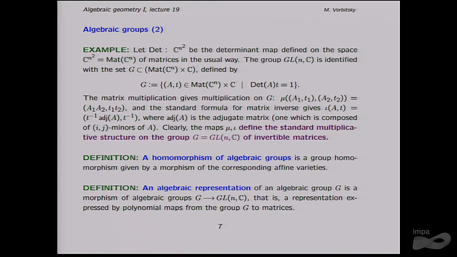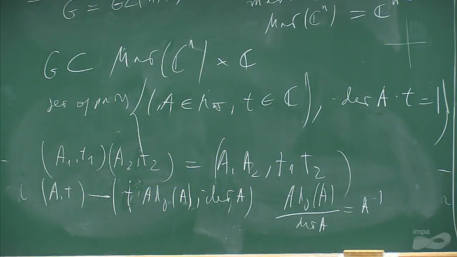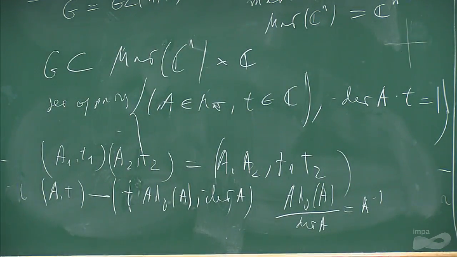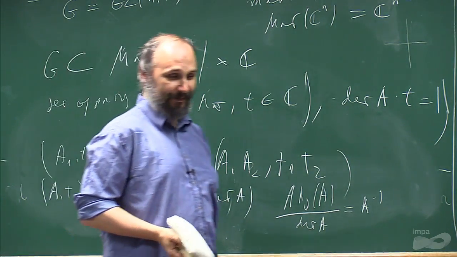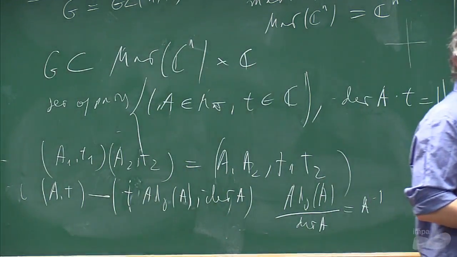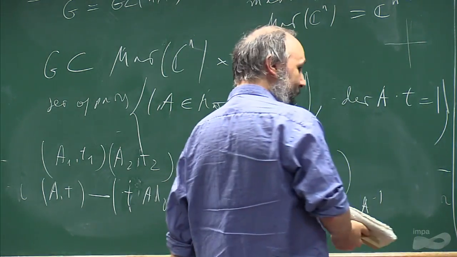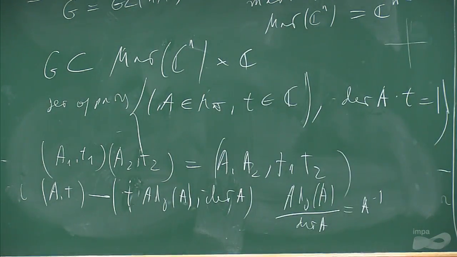Sorry, shouldn't forget to change this. Okay, we defined an algebraic group structure on matrices. I mean, the multiplication we already knew. What we need to check is that it is expressed polynomially, and this is in the construction of this polynomial expression.